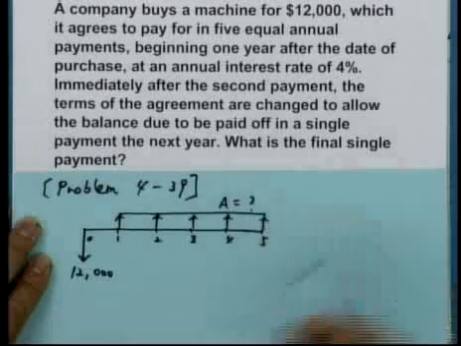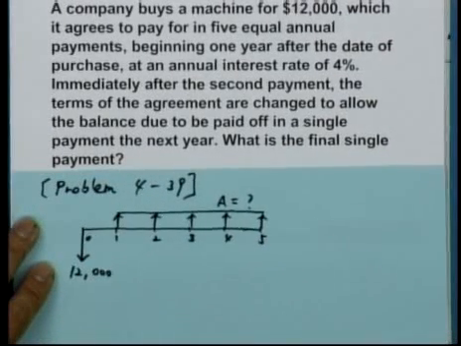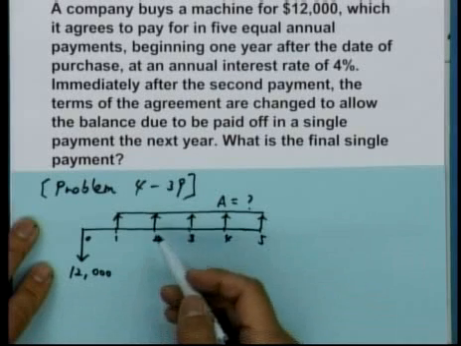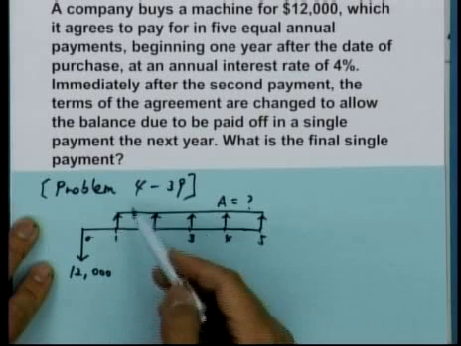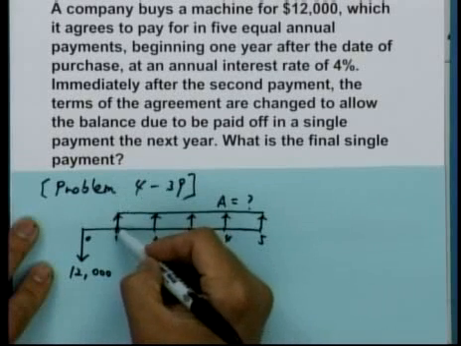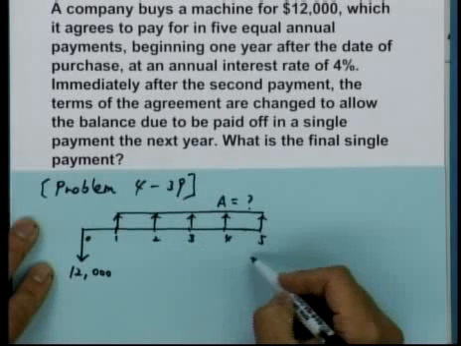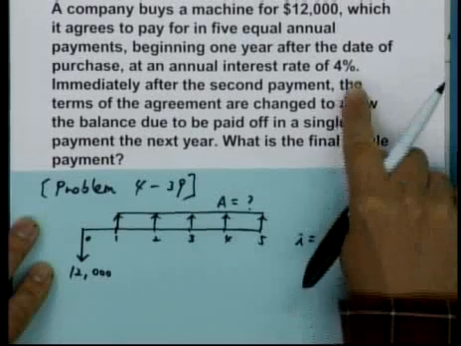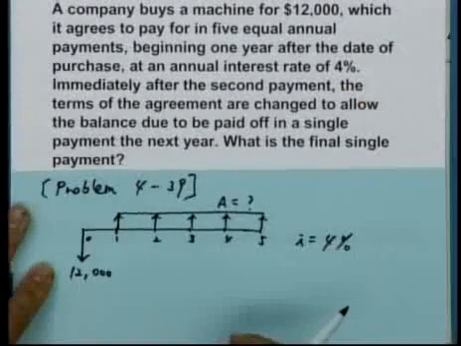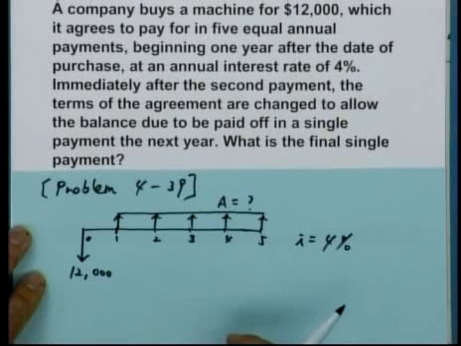Let's say that is equal to A. Okay? And these equal payments begin 1 year after the date of purchase. So the cash flow diagram is like this. And what is the interest rate? It is 4% interest rate, right? Okay, then what uniform annual payments does he have to make?